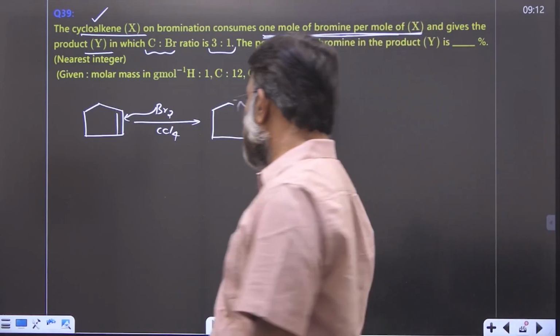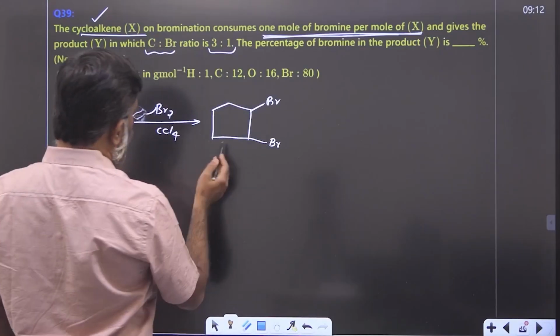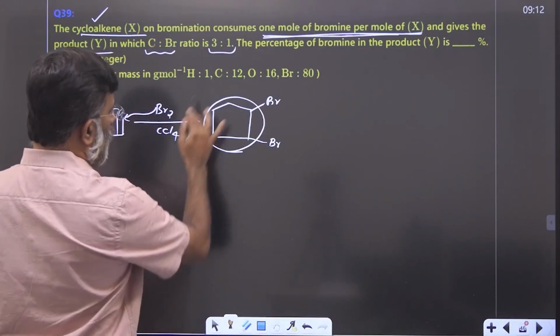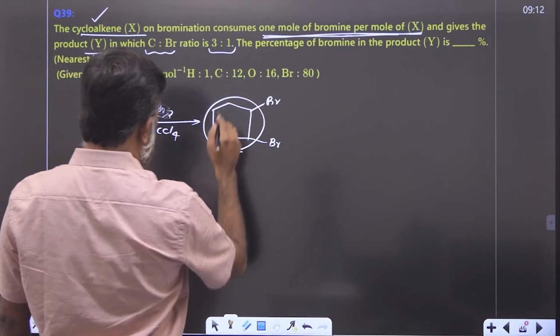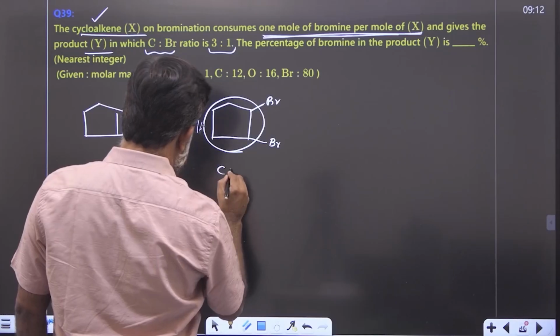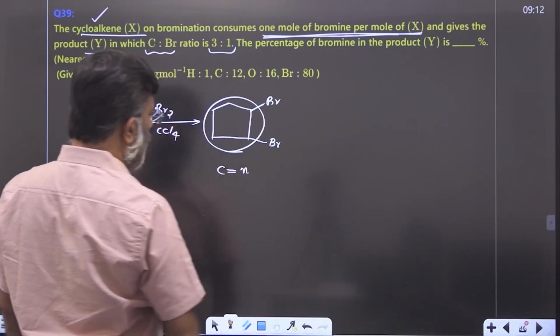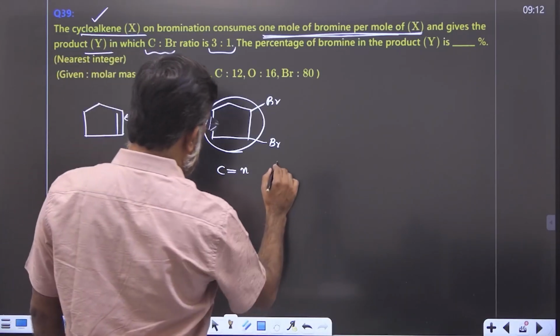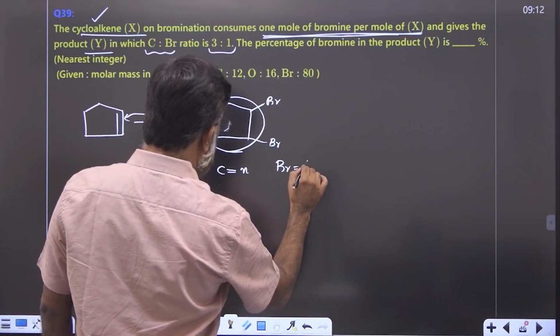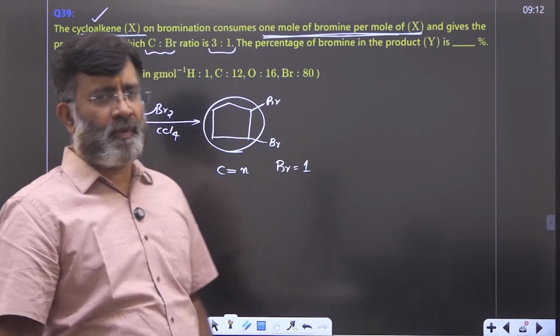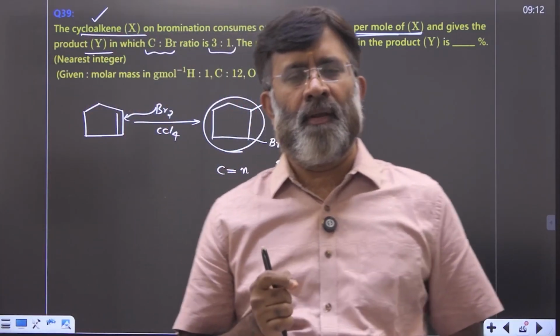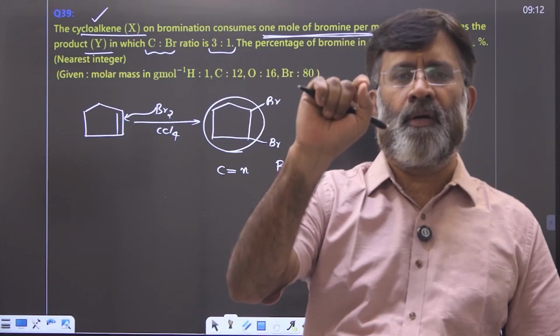Okay. So we don't know what this part is. Suppose there are n carbons. Suppose the carbon number is n. Sorry, the number of bromine is not 1, it is 2. For n carbons here, the number of bromine is 2.